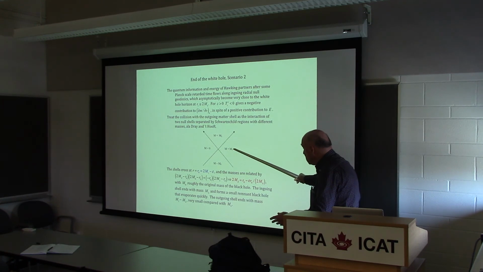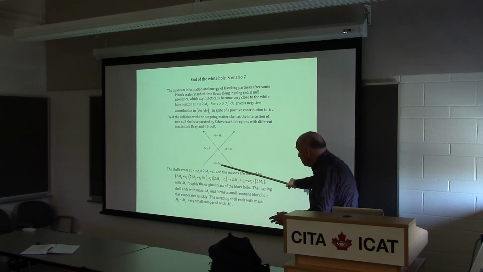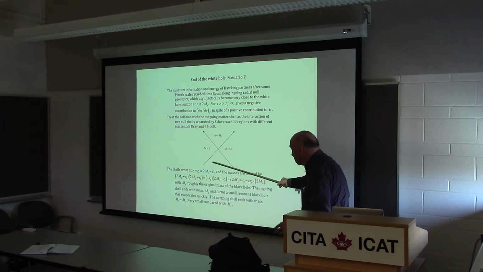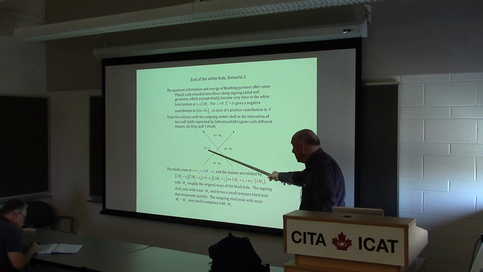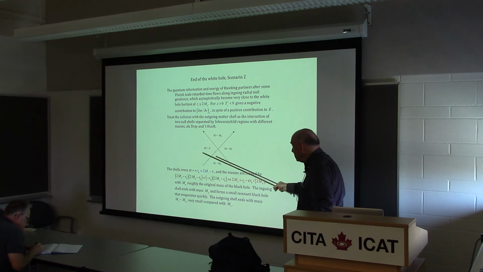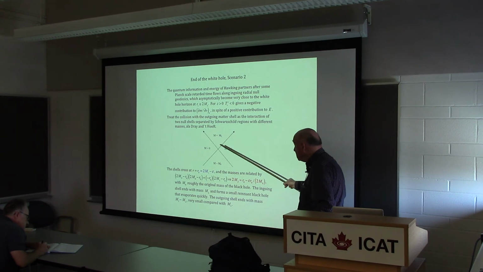We said we have this mass M1 a few times the Planck scale, M naught, because if we assume everything in the collapsing matter is coming out here, it shouldn't leave anything behind, and so you just should have empty Minkowski space-time here. And that means this mass should be roughly the original mass of the black hole, which is for an initially large black hole, usually large compared to M1.